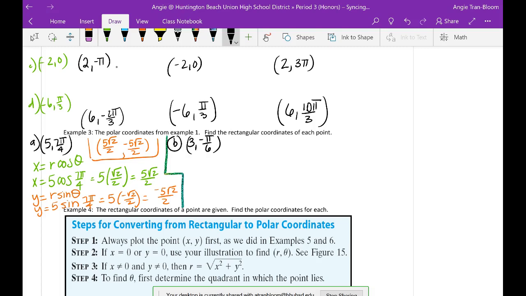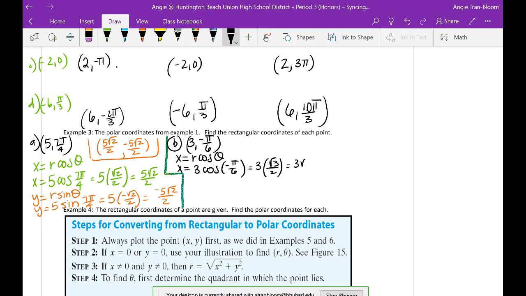All right, let's find x. X equals what? R cosine theta. Beautiful. So let's fill it out. X equals 3 times cosine of negative pi over 6. What is cosine of negative pi over 6? Radical 3 over 2. Do you agree? Because in quad 4, that's still positive.